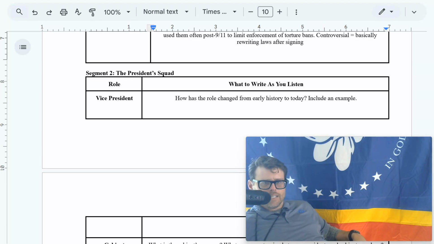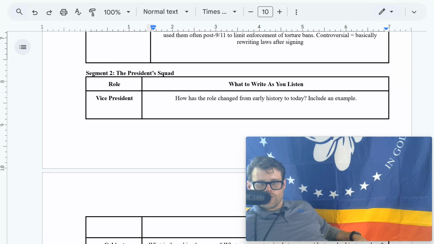And then you have the Executive Office of the President, the EOP. And these are the nerds behind the curtain, right? Nerds, not a bad thing. The brains behind the curtain. And you also have the OMB, the Office of Management and Budget, which handles the money.